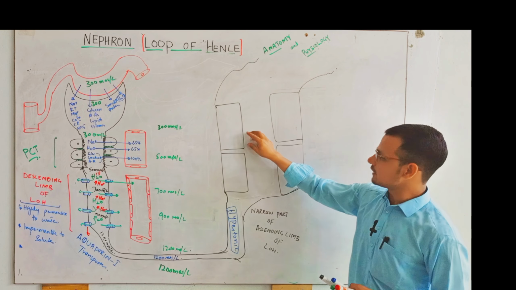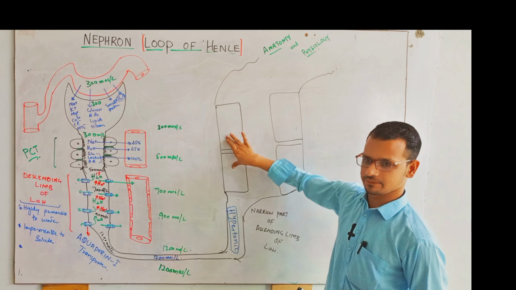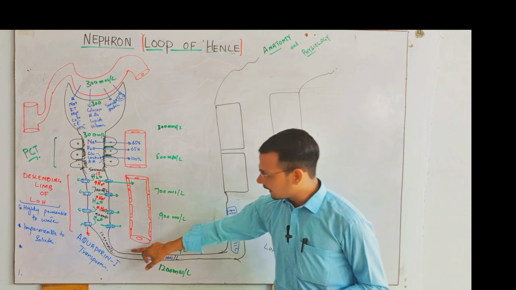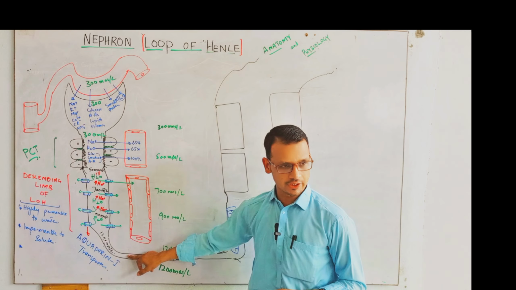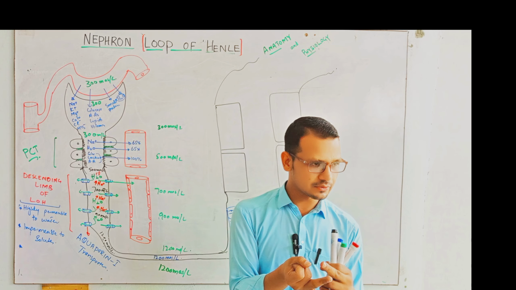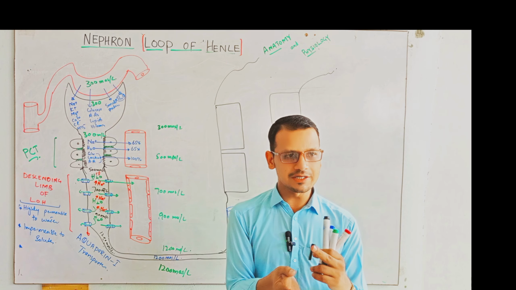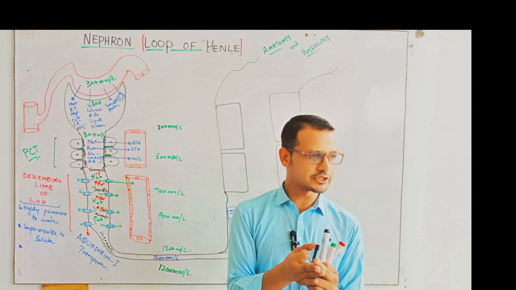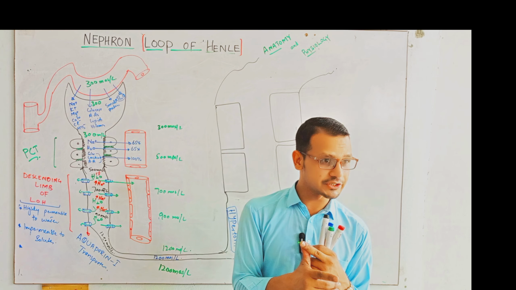Right. We have a very special transporter on these cells, because in this hyperosmotic solution we have a high level of sodium, we have high level of chlorides, we also have a high level of magnesium, calcium and potassium.